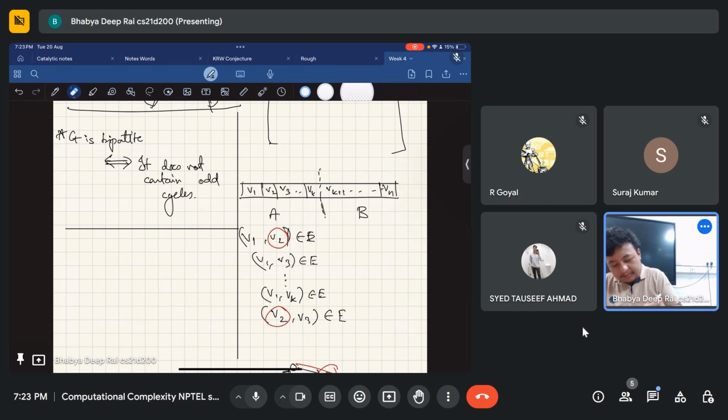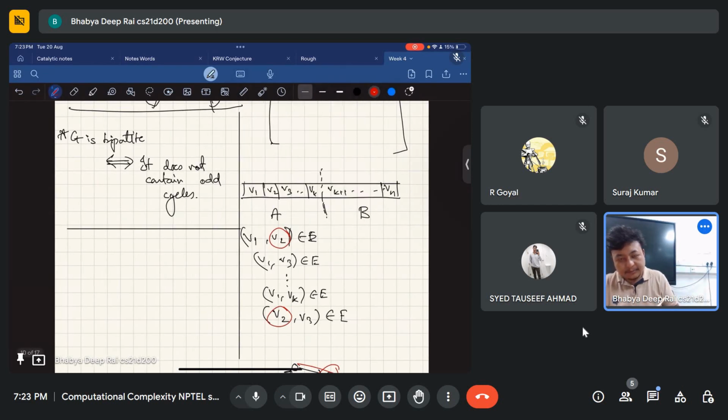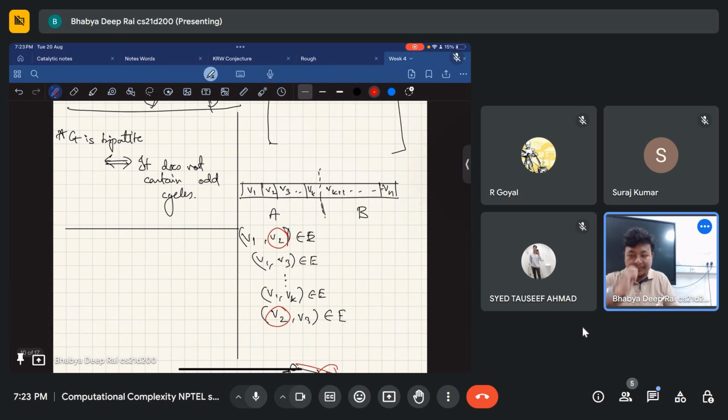So to check whether it is bipartite or not, I need to check whether it does not contain odd cycles. Now that is strange, right? I need to check whether something is not there. So I'll give you an algorithm for bipartite complement. I'll do the other way around.